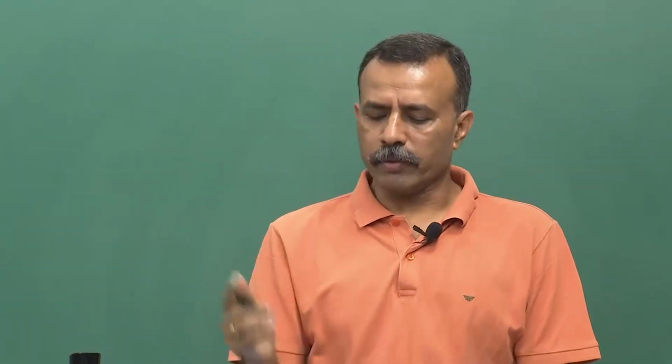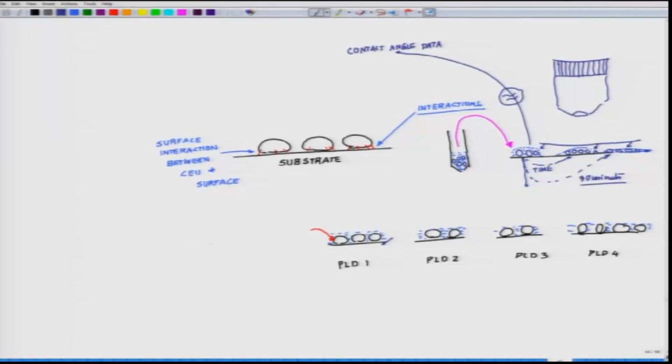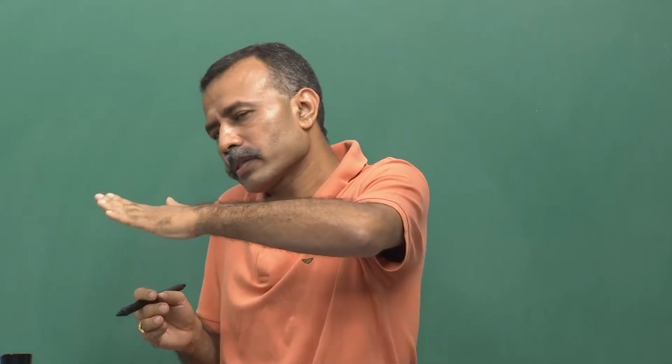So what I am suggesting is, say, for example, here is the dish where you are growing, and you have a cover slip which is coated with your XYZ substrate, and you have these cells here, and now you just tilt the dish a little bit like this. Very small, maybe this much, just a slight tilt.